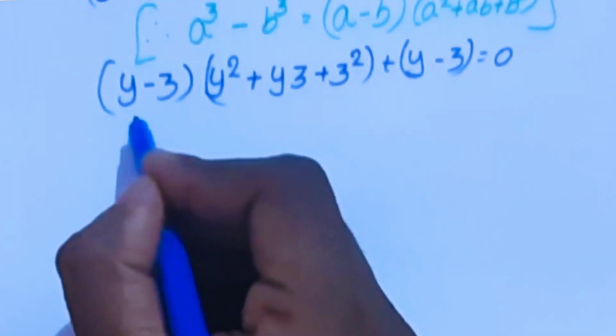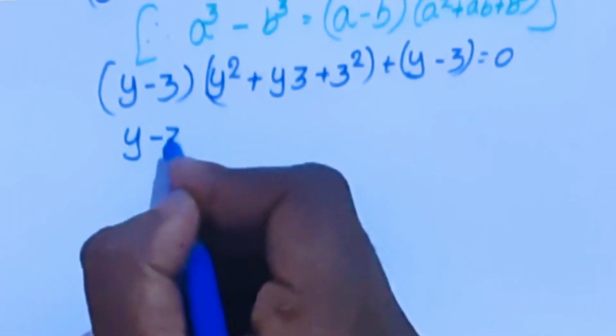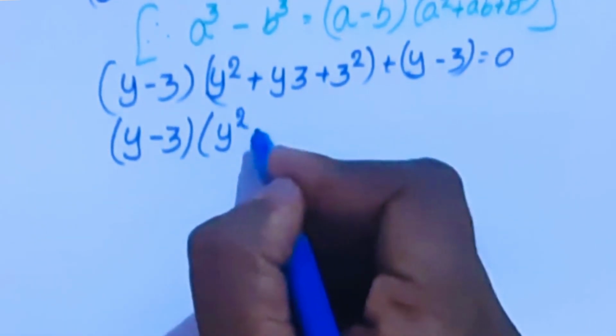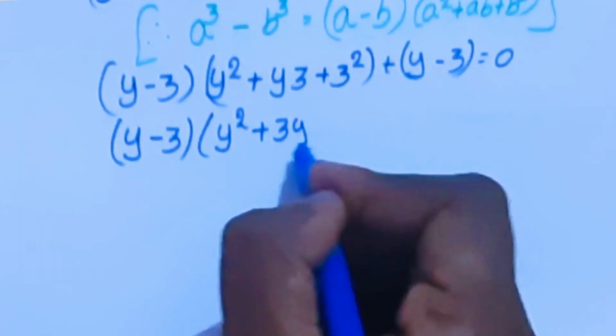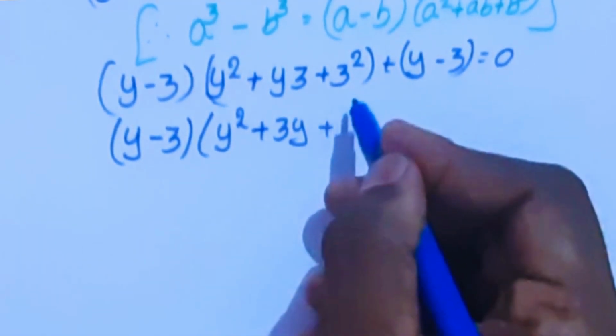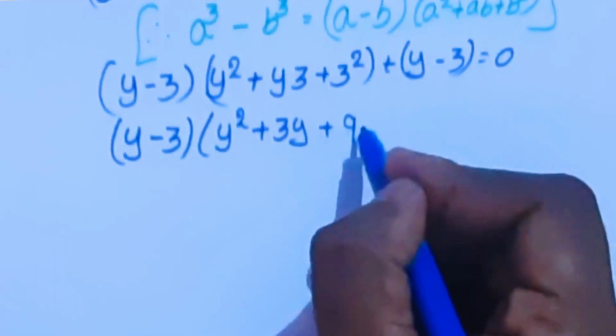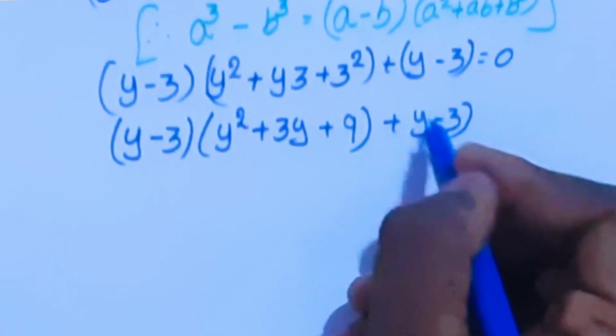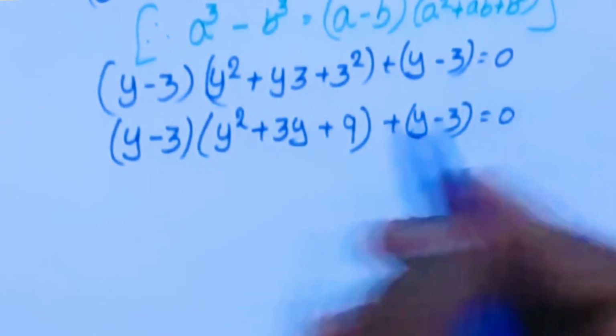Now (y minus 3)(y square plus 3y plus, this is 3 square is 9) plus y minus 3 equal to 0.